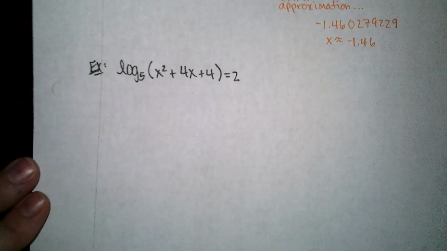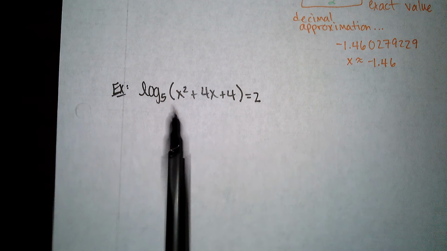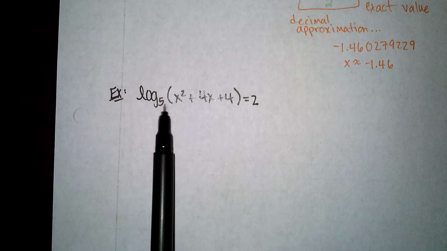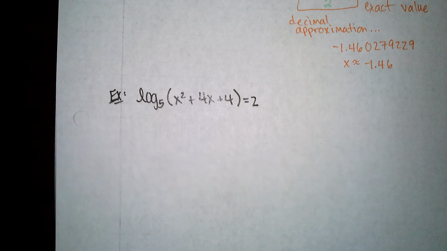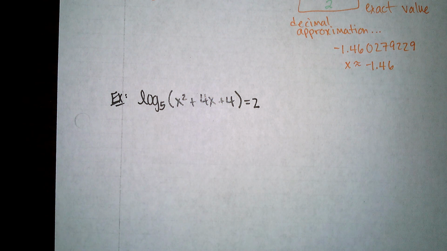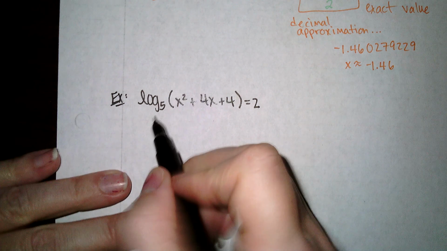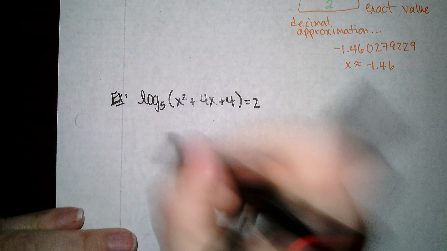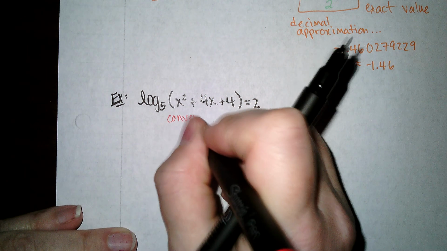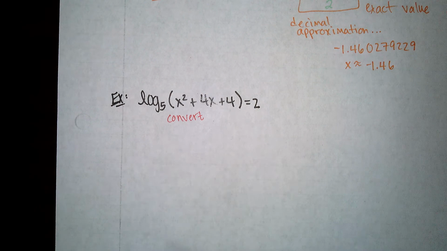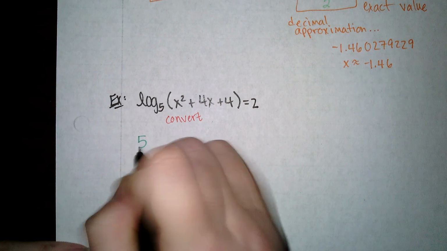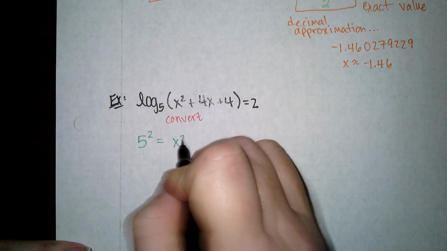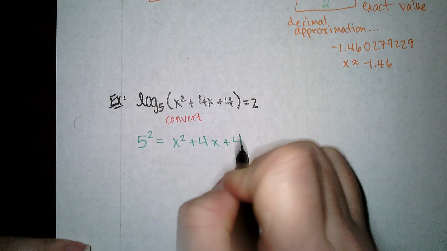All right, this guy, solve for x. So our variable this time is in a log relationship, and we need to simplify that. So we're going to need to get that variable out of the log, which means we're going to need to convert. So when we convert, we will have 5 squared equals x squared plus 4x plus 4.